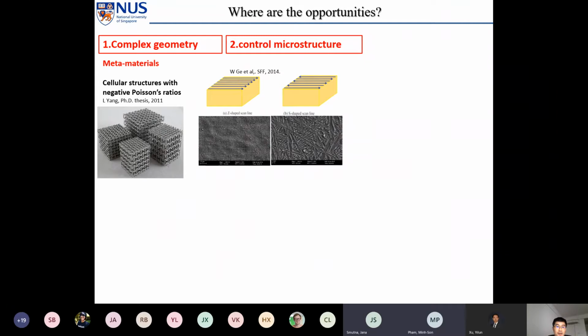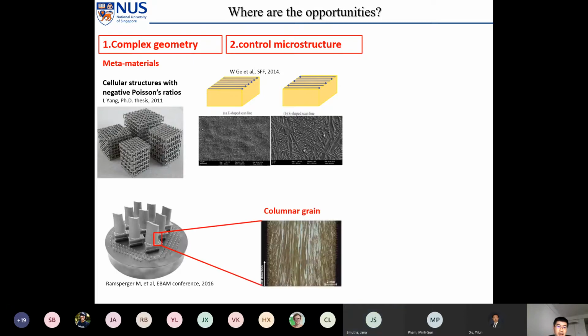Oh, okay, got it. So the advantage, like first, complex geometry. Second, we have a lot of freedom to control the microstructures. For example, we can just change the scan strategy and we can change the microstructure. If we combine the first and second advantages, there will be a huge impact on the industry. For example, we want to fabricate turbine blades.